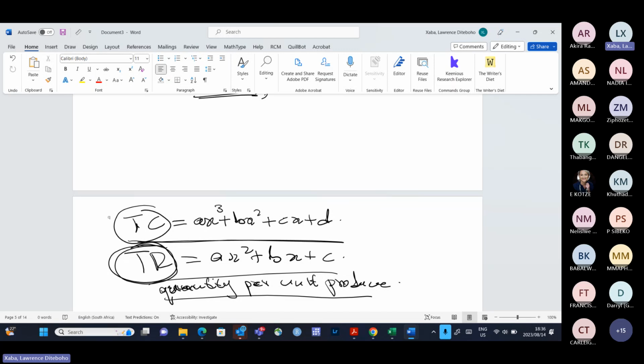So we are still going to calculate the units, but now the interest is to see how we are going to minimize the number of units for us to minimize the total cost. Where on this side, the idea is to maximize. We produce the units with the hope of maximizing our revenue. Here, we produce minimum units with the hope of minimizing the total cost. So that's the whole idea of total cost and total revenue.